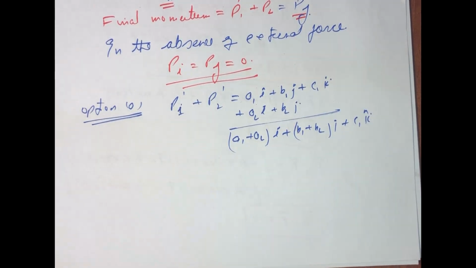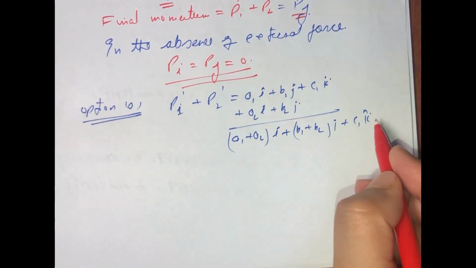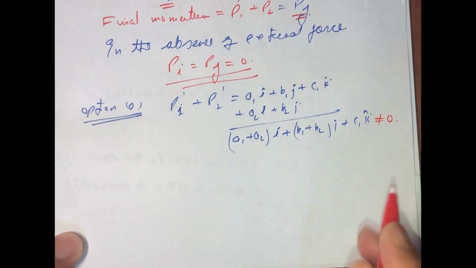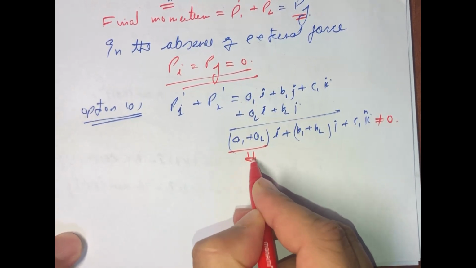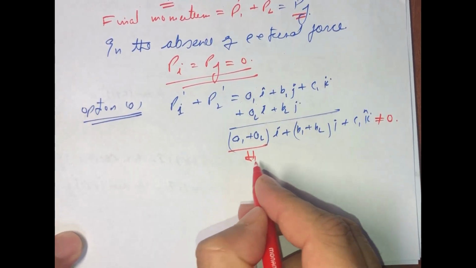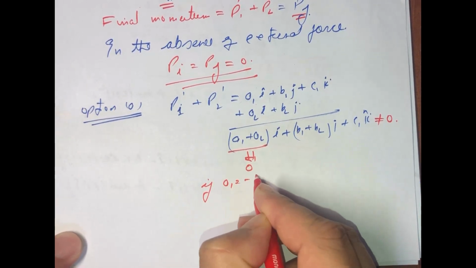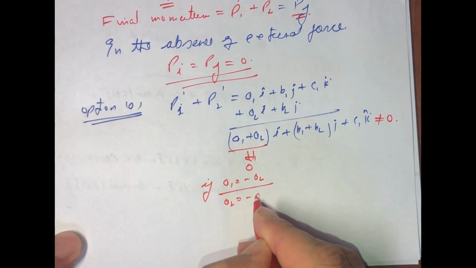Now the summation of this cannot be equal to 0. This first term can be equal to 0 if A1 is equal to minus A2, or A2 is equal to minus A1.